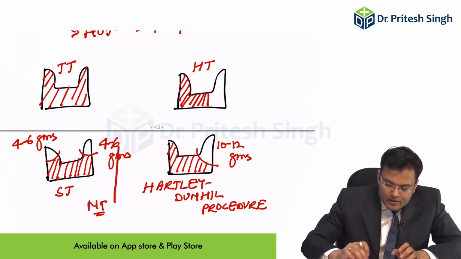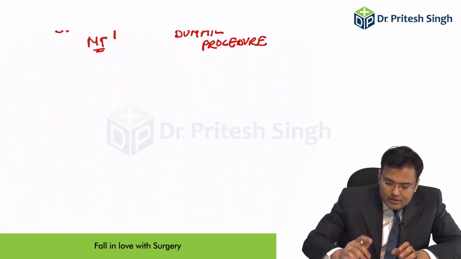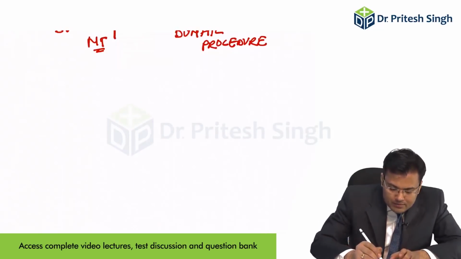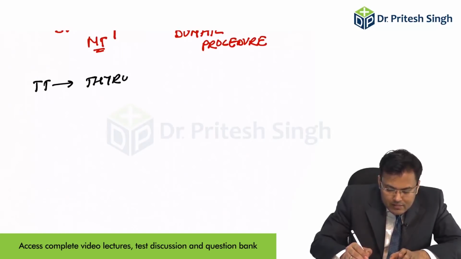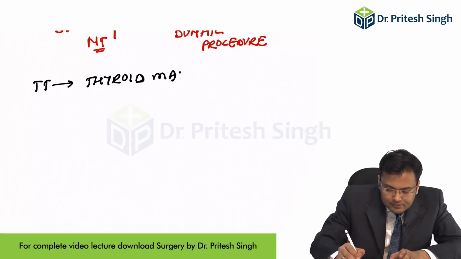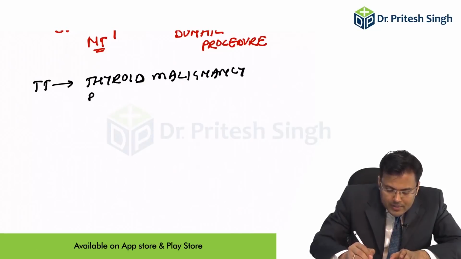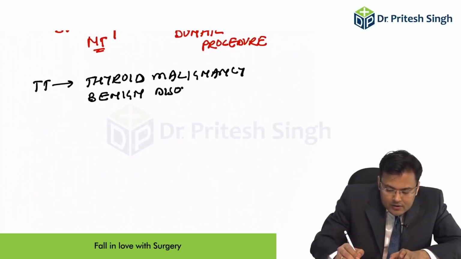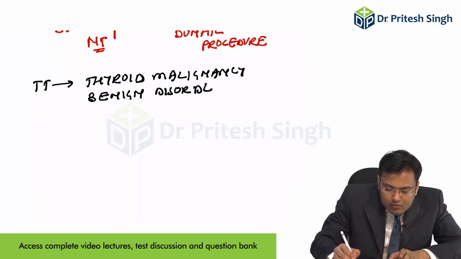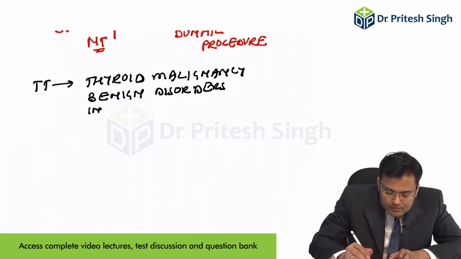So see, total thyroidectomy is usually performed for thyroid malignancy or benign disorders involving both lobes.